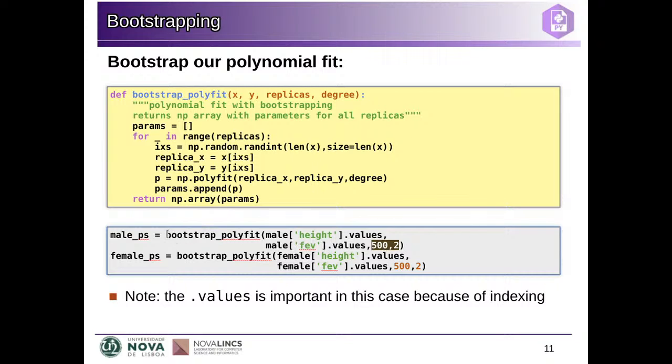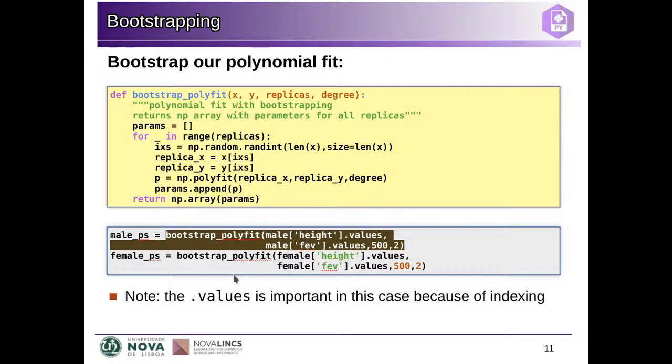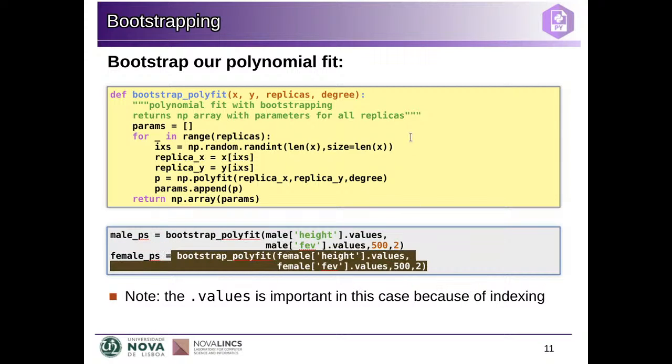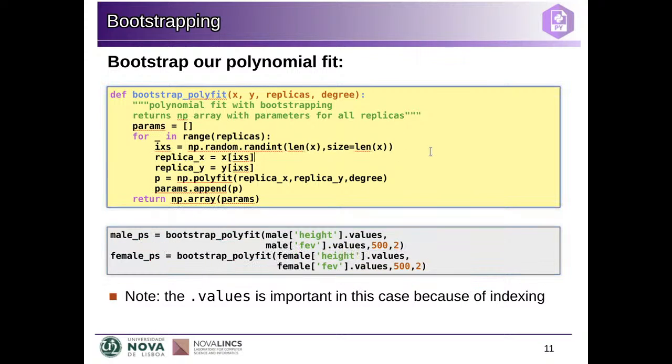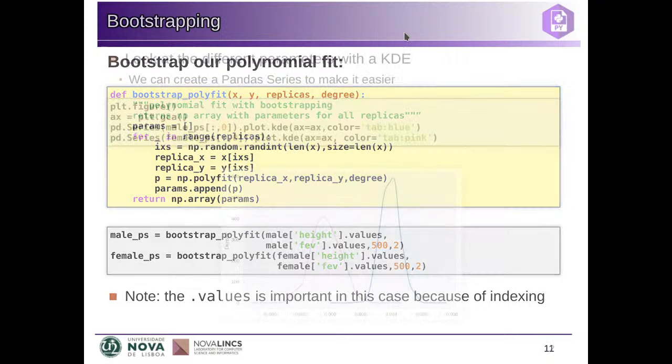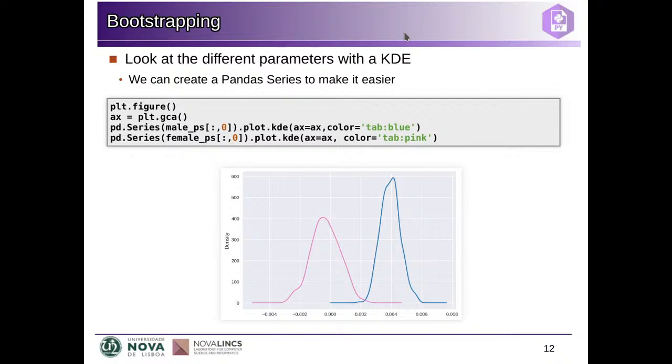I'm going to do the bootstrapping for the male subjects and for the female subjects. So now what I did here is to compute the polynomial 500 times for 500 replicas of each group of subjects. And now I can look at the parameters and see how they are distributed.